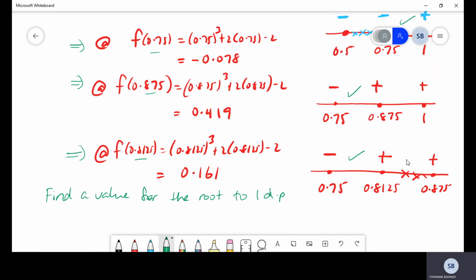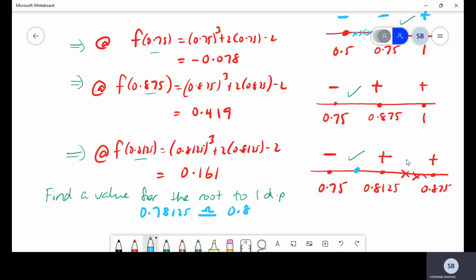Let me just get the value here on my calculator. If we were to add 0.75 to 0.8125 and divide by 2, the next value that lies at the center of this region is 0.78125. And that value is going to approximate to 0.8.